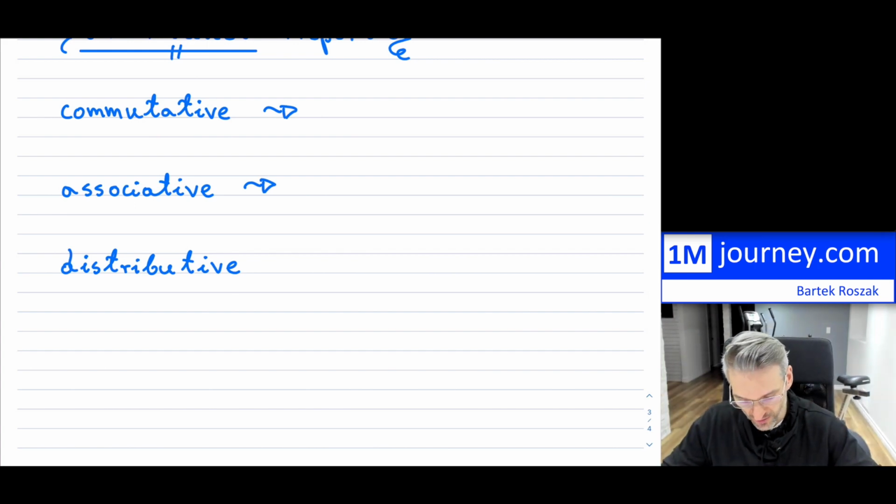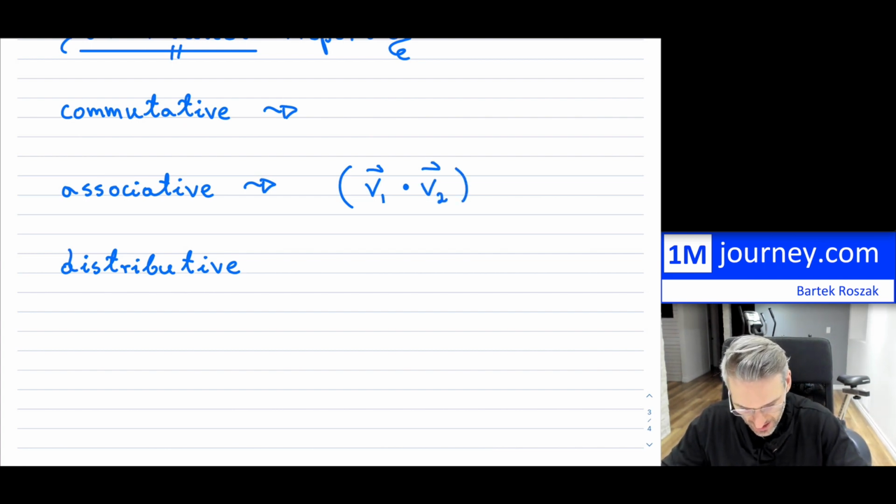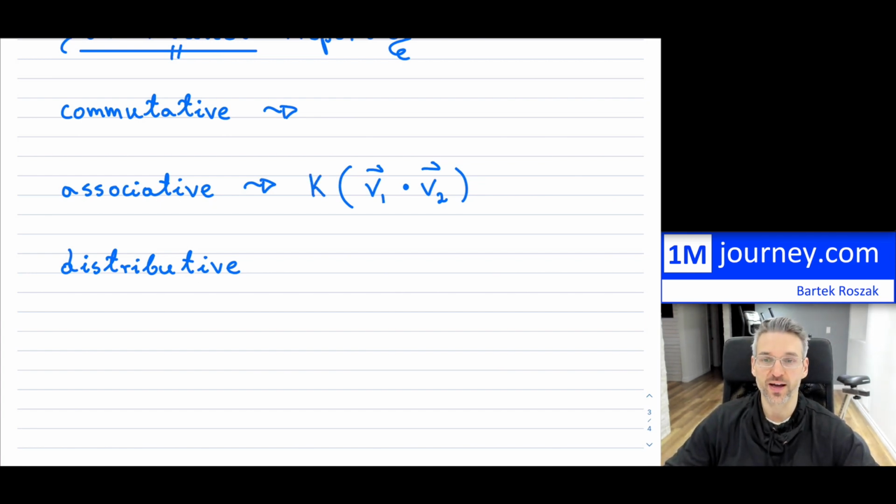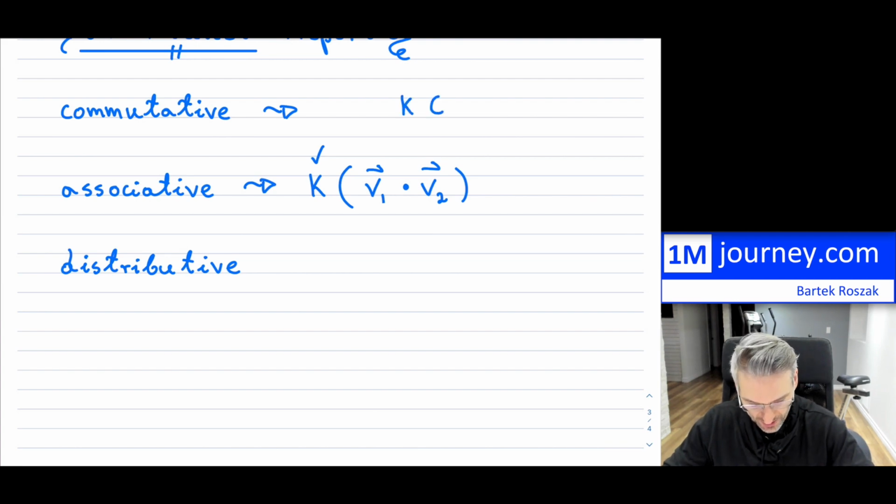Well, with the associative property for the dot product, it has nothing to do with addition because we are talking about the dot product. If you have one vector dotted with another vector, the associative property simply states that if you're multiplying the dot product of two vectors by a scalar k, where k is nothing else but some real number, then this is simply equal to the same thing as just scaling one of the vectors.